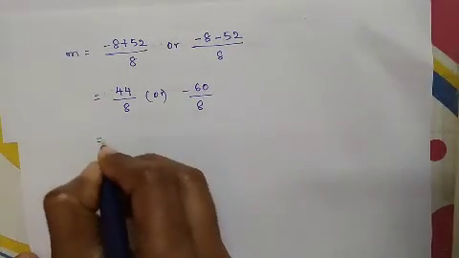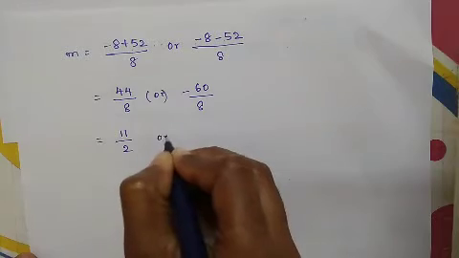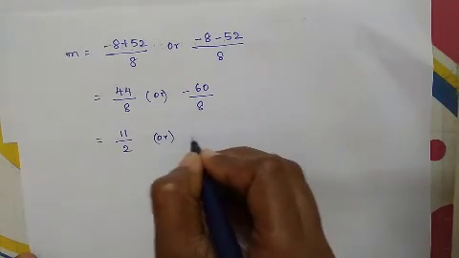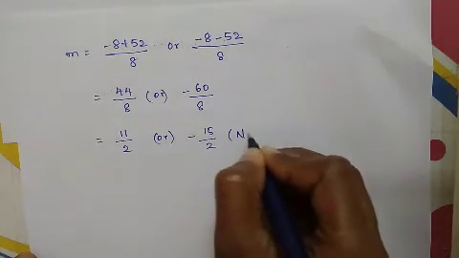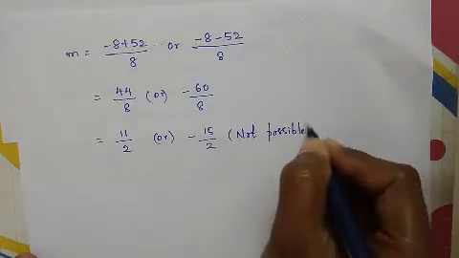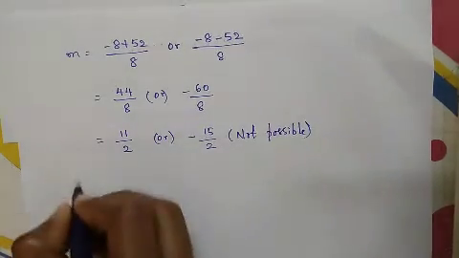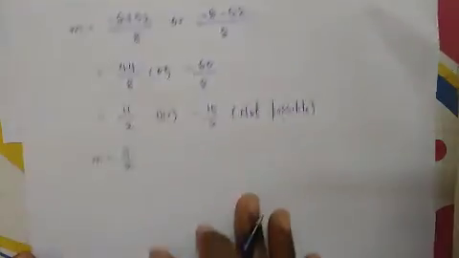If you simplify this, it will be 11 by 2, or minus 15 by 2. A negative number is not a possible answer. This is not possible. So m should be equal to 11 by 2.